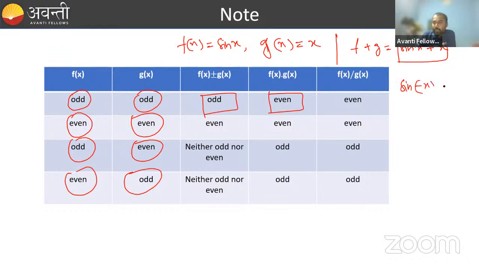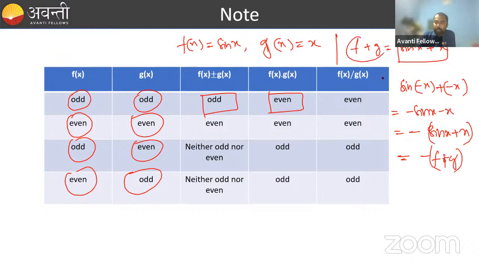Sin of minus x plus minus x, so minus of sin x minus x. If we take minus as common, sin of x plus x. So this is minus of f plus g. So f plus g is a function which is odd. So the sum of two odd functions is odd. These are the ways we can prove it, and all this data is given in the table, right? I hope after this class you will try all these proofs on your own by taking examples. Okay, so let's move.